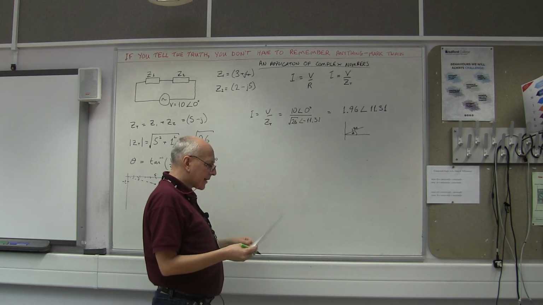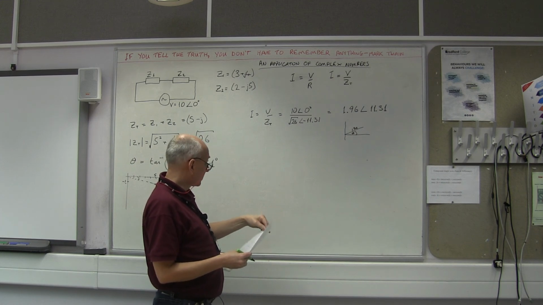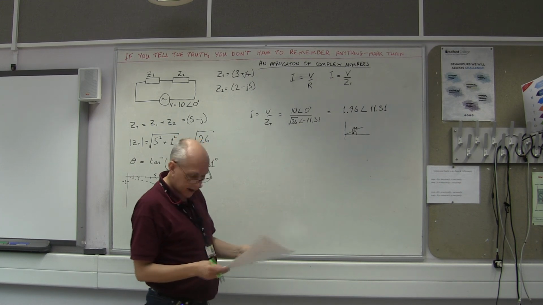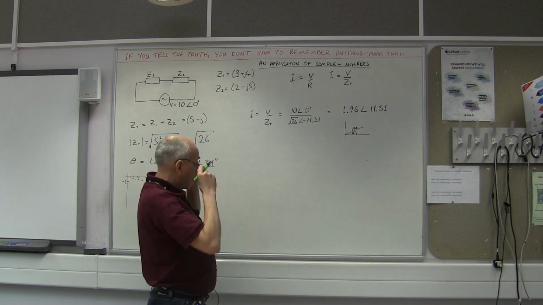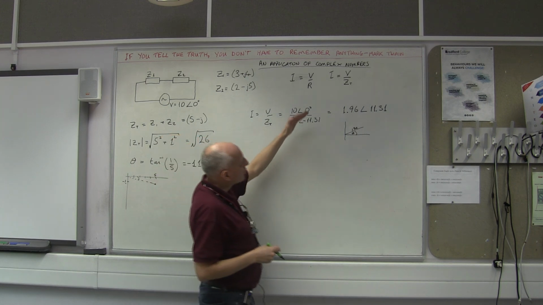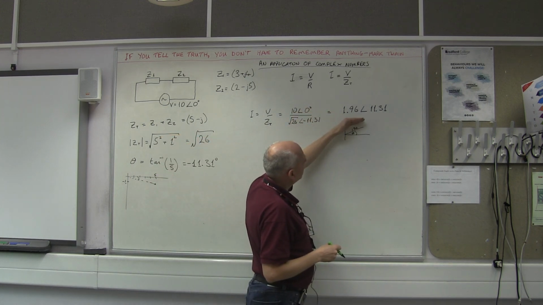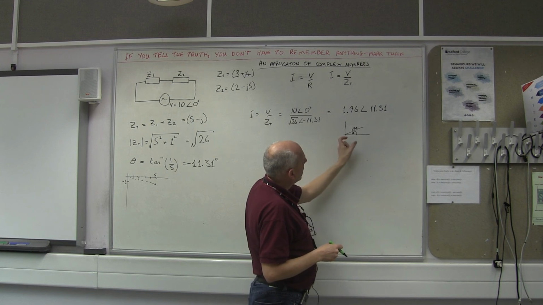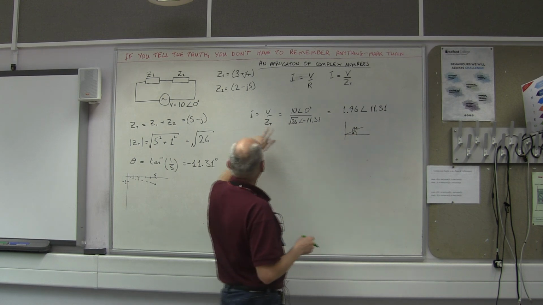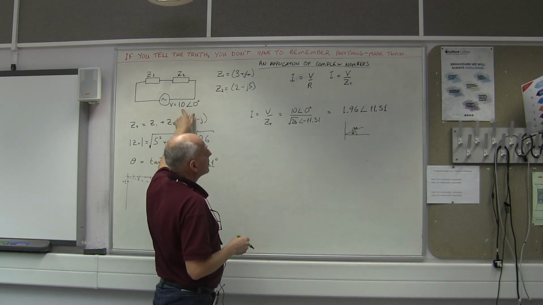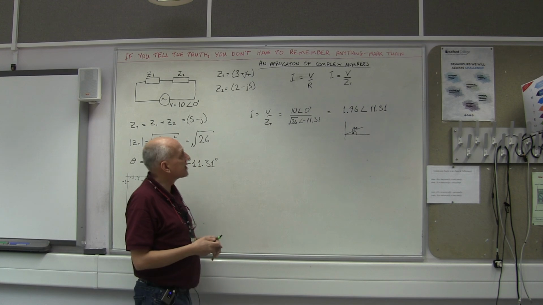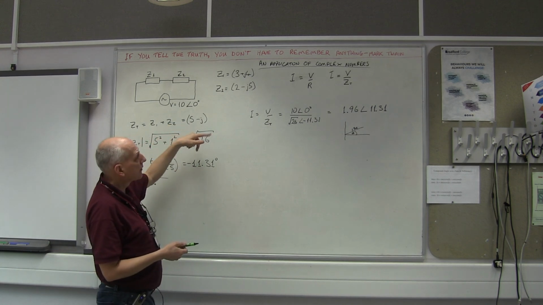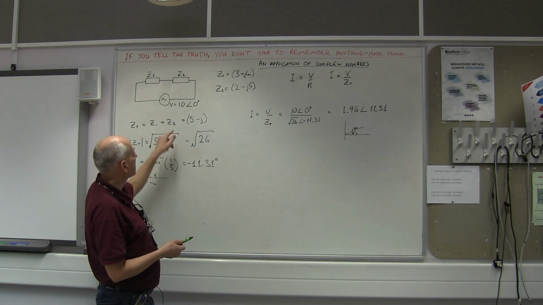You can convert it back to rectangular if you wish. I haven't done it, so I don't think it's necessary. This is really useful. It tells us the magnitude of the current in this case, and it also tells us its phase angle, the phase angle of the current in relation to the voltage. So 1.96 amps with a phase angle of 11.31 degrees.